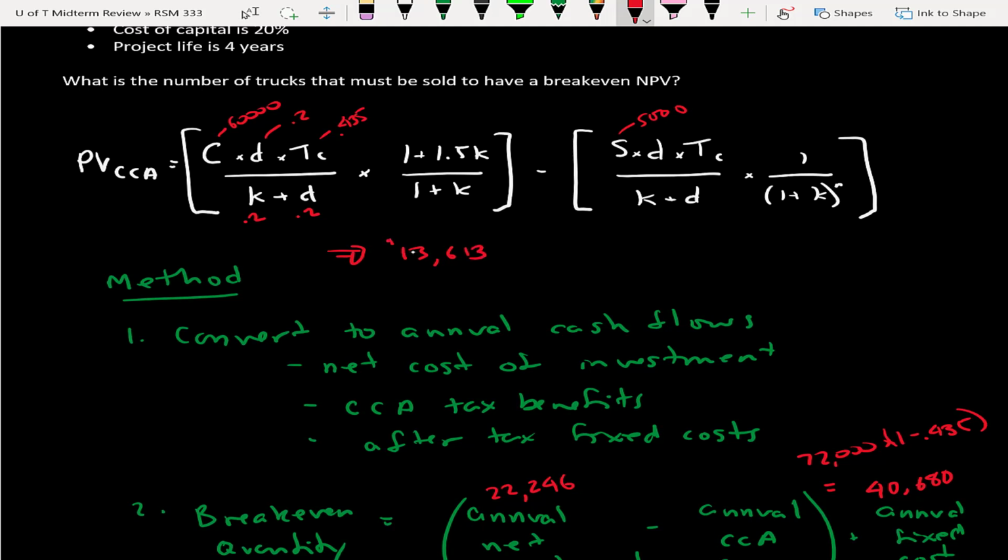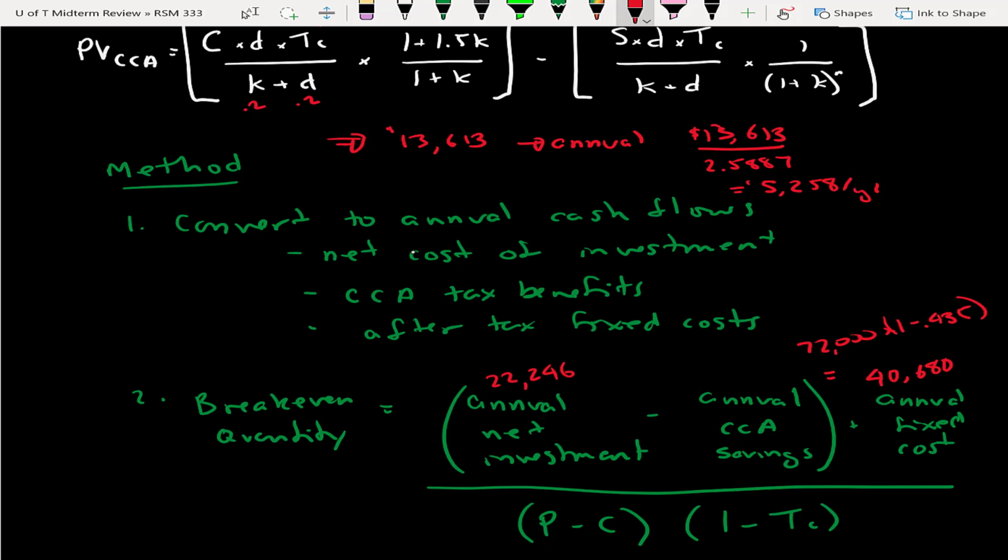To convert that to an annual amount, I take 13,613 divided by the PV factor of 2.5887, and that works out to 5,258 per year. That's the value of the savings, so I can put 5,258 in here.